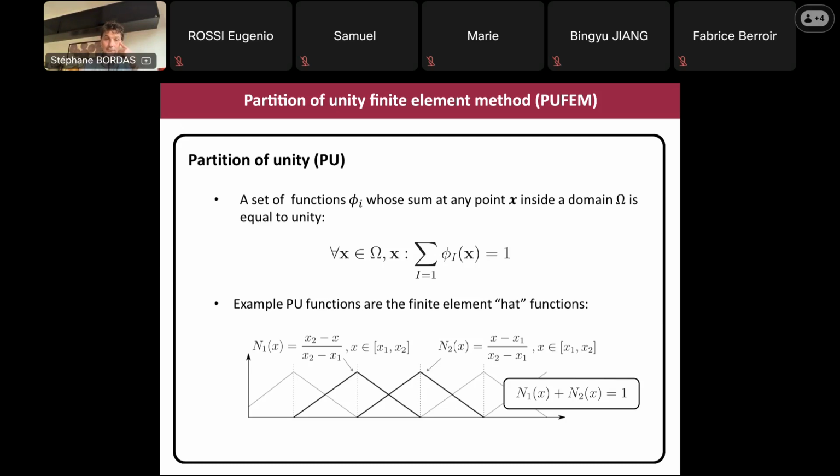So what you do is you select a set of functions such that their sum is 1. If you paid attention in the previous lectures, you know that the finite element shape functions are exactly that. They are shape functions that sum to 1.